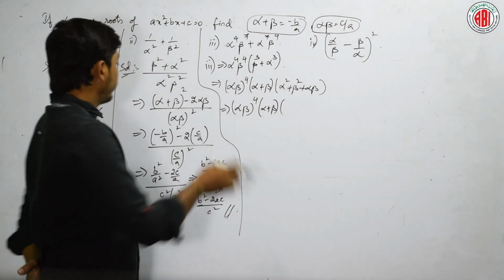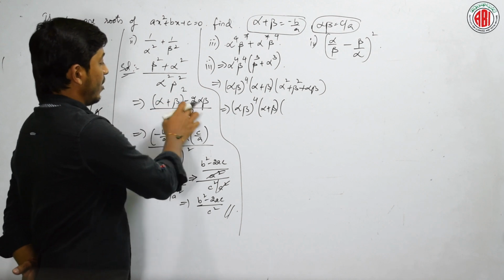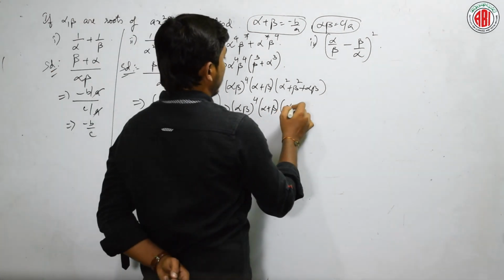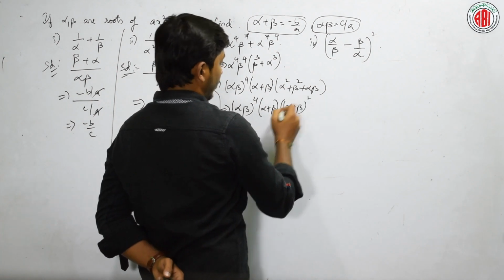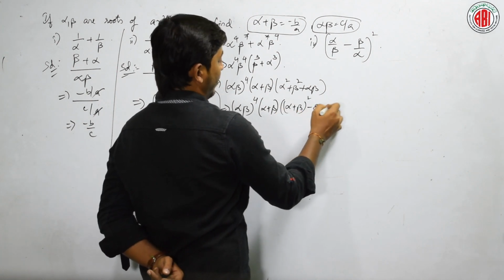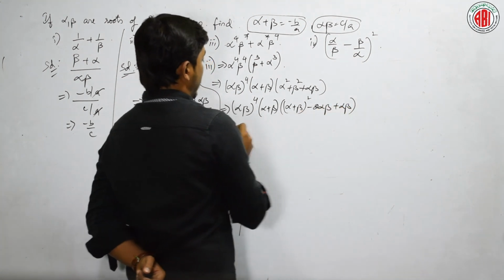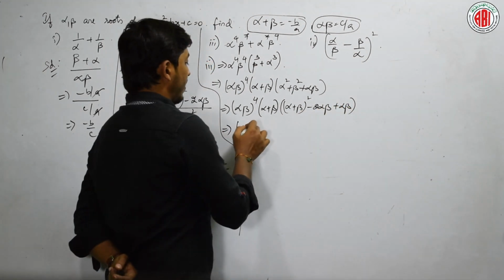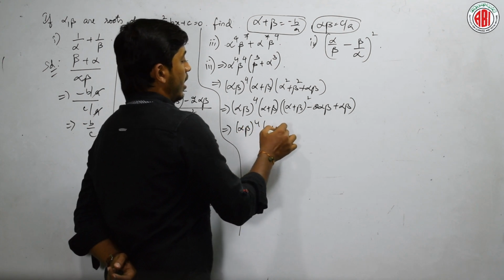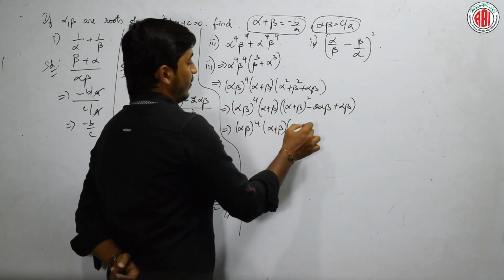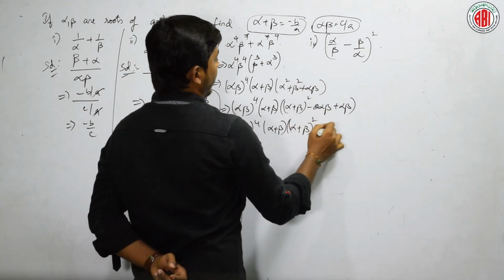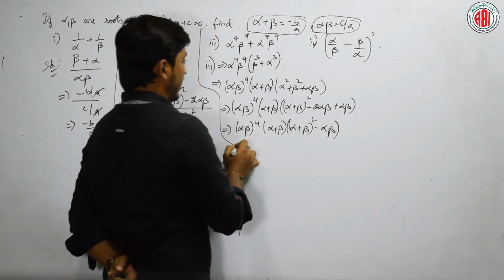No, right? So, again we will write it in this form. This will be (alpha plus beta) whole square minus 2 alpha beta, minus alpha beta. So, we will write it as (alpha beta) whole power 4, (alpha plus beta) into ((alpha plus beta) whole square minus 2 alpha beta minus alpha beta), that is, minus 3 alpha beta.